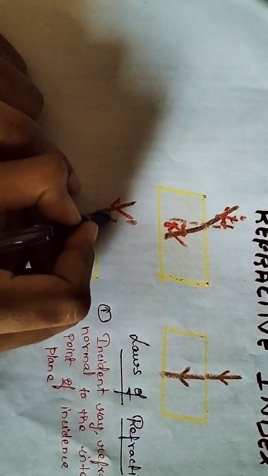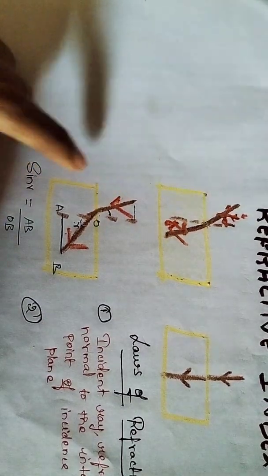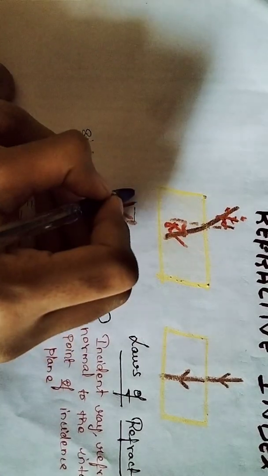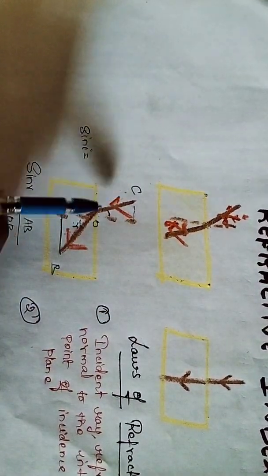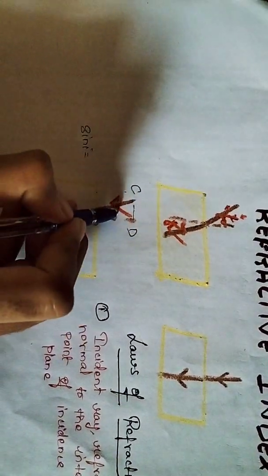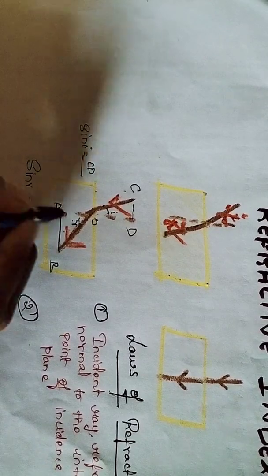Likewise sine i. If you draw a line over here, what will be sine i? I will take this as C, C O A next to D. Opposite by hypotenuse, CO. Now if I take the ratio of sine i by sine r, it will be constant.